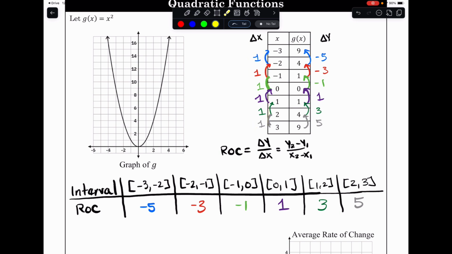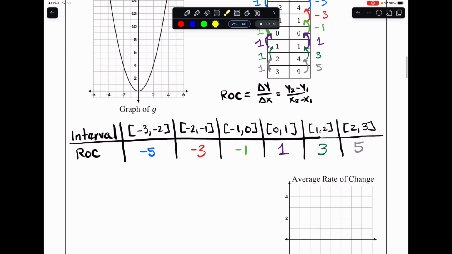So for every equal length input interval, notice that the rate of change values are all increasing by 2. From -5 to -3, that is +2. From -3 to -1, that goes up 2. From here to here, that goes up 2. And from here to here, that goes up 2.